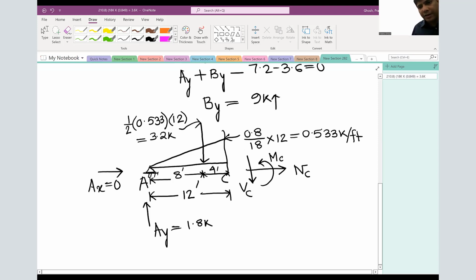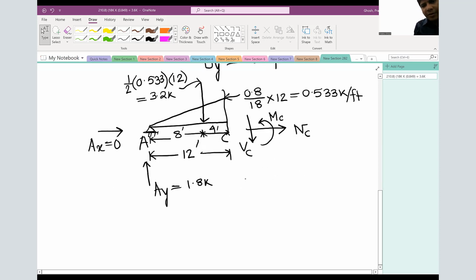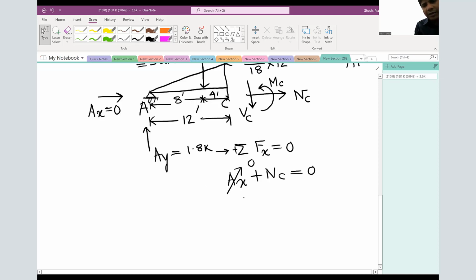So let's do that. Summation of Fx equals 0, our first equilibrium equation. That gives Ax plus NC is 0. Definitely Ax is already 0, so NC will be 0.